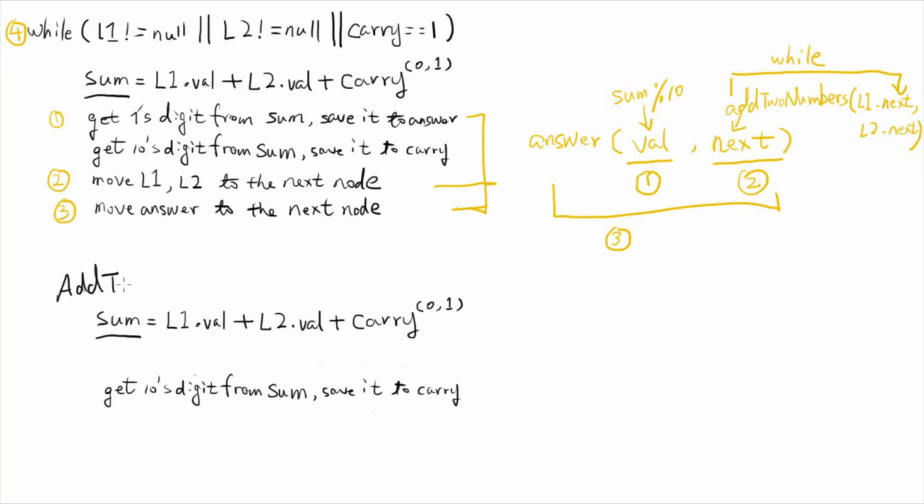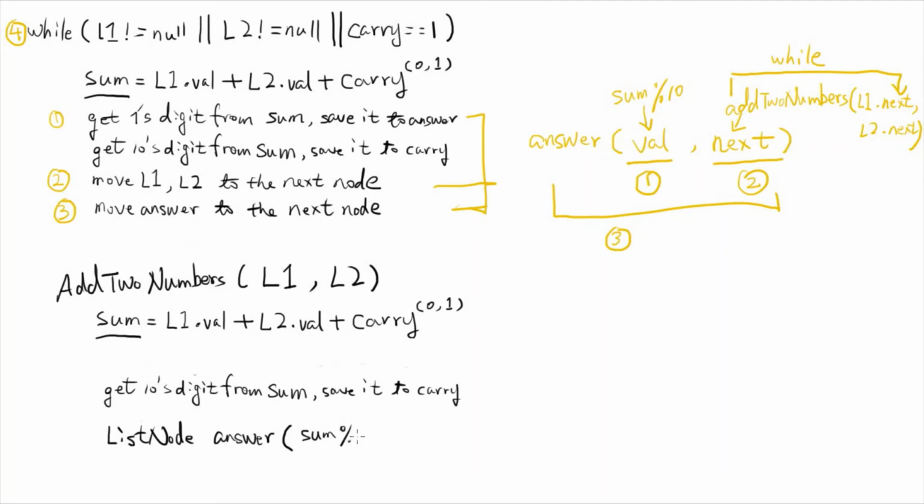In add two numbers, we'll create a list node answer, and the first parameter will be sum mod 10, and the second parameter we will call add two numbers recursively.